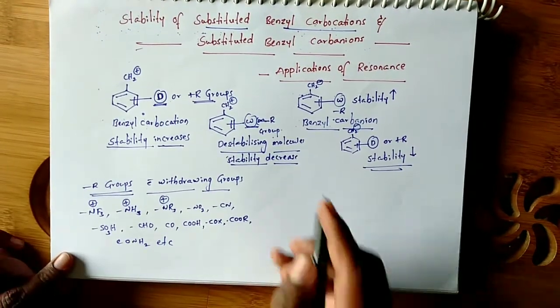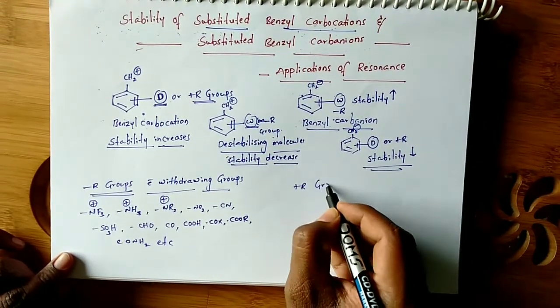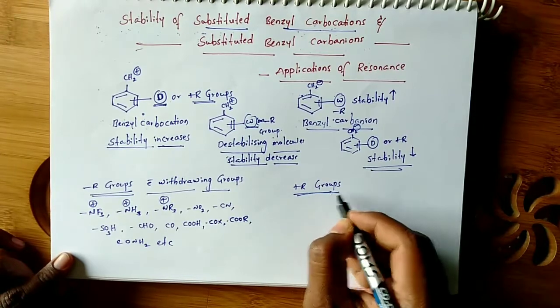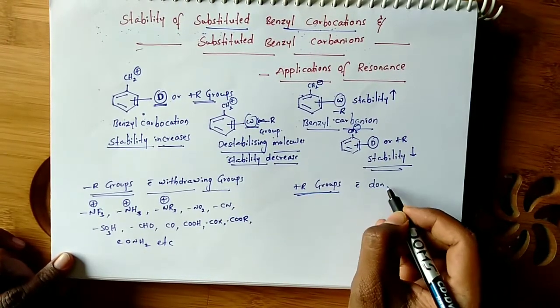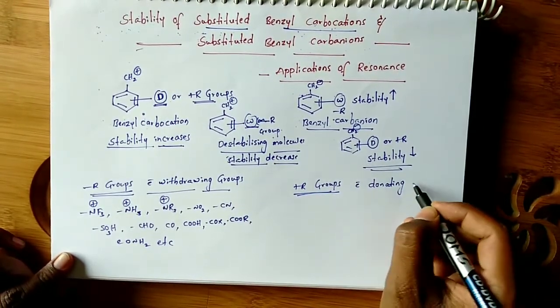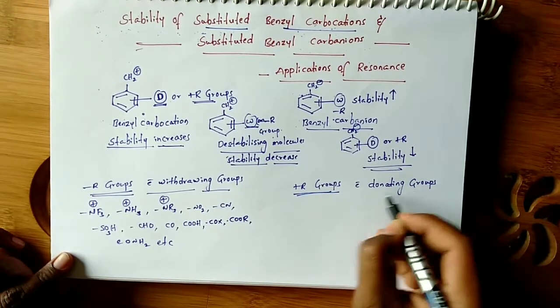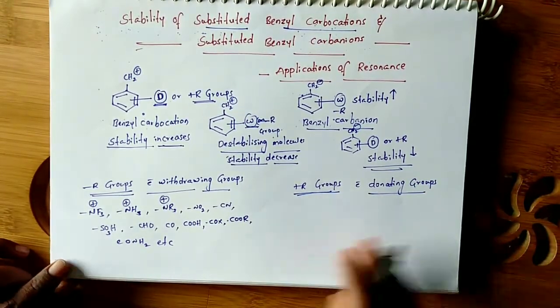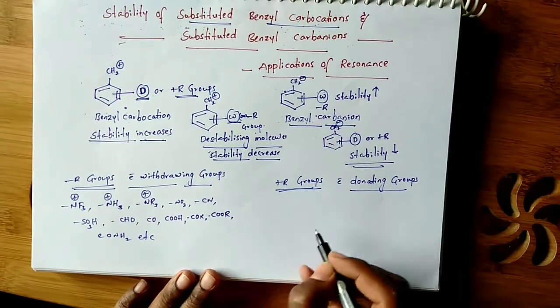Electron withdrawing groups. Then what are plus R groups? Plus R groups are generally electron donating groups, electron donating to the ring. What kind of groups?